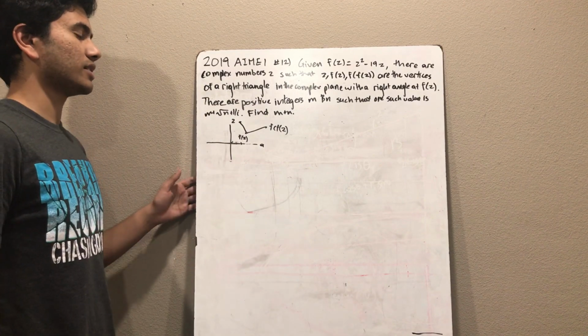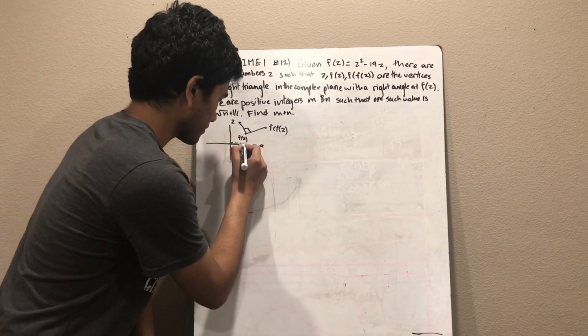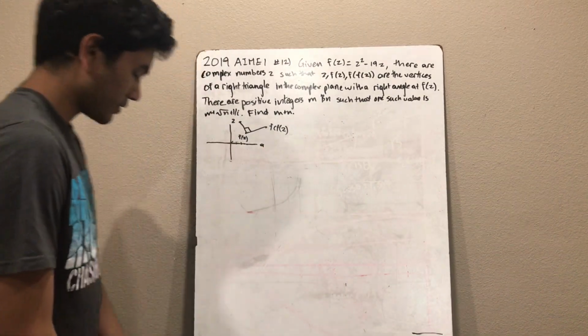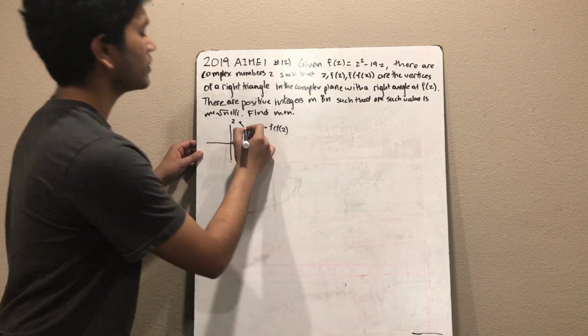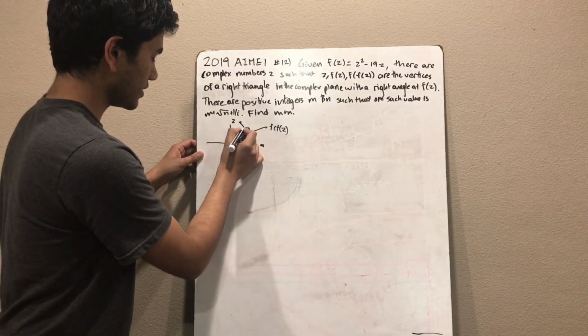And one thing the problem said is there's a right angle at f of z. So we know that this has to make a right angle with this. So we call this complex number.